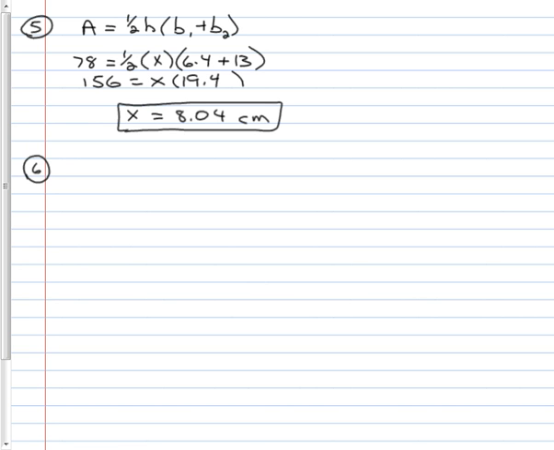Formula that we're going to use for 6. It's a rhombus. So 1/2 diagonal 1 times diagonal 2. And we know the area is 96. 1/2 of, do I know any diagonals? 14.6, because we're going to need to double that 7.3.